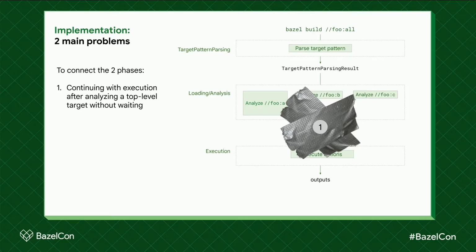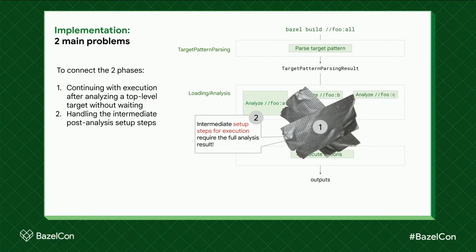And basically, we need to find the duct tape here. And secondly, if you recall, we have the setup steps before execution. The second problem is we need to either get rid of that or find a new home for them because we no longer have a clear boundary.